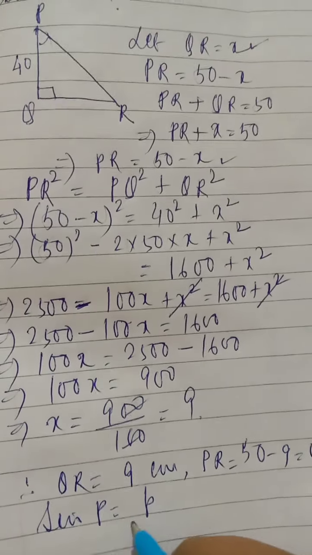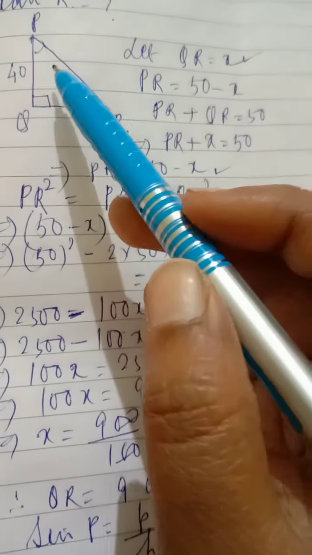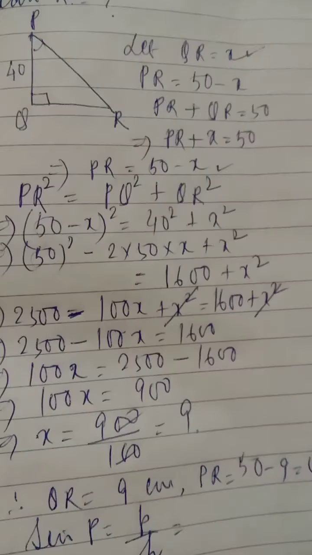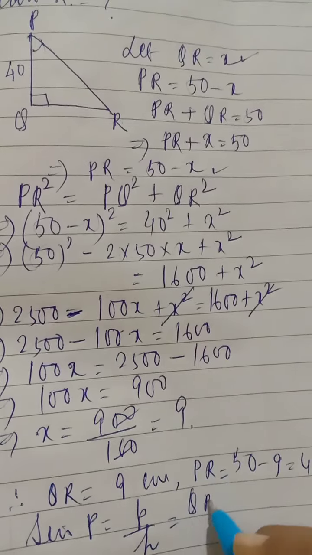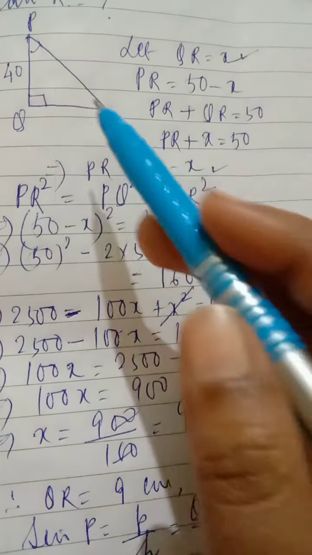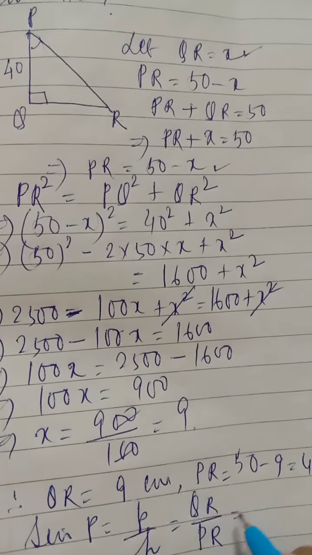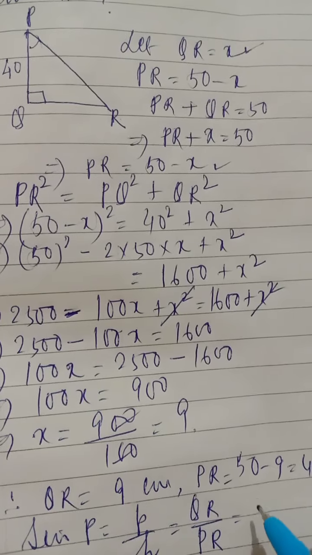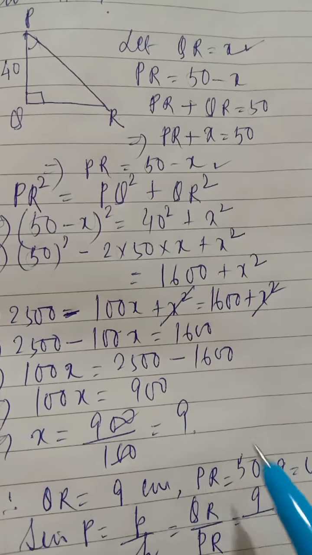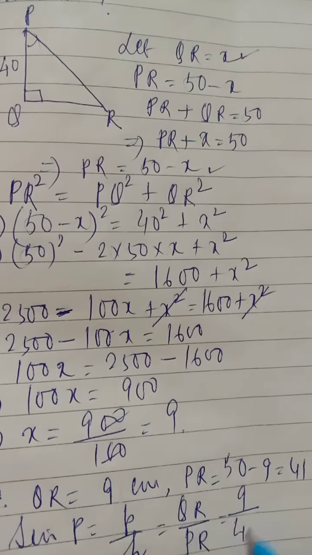For angle P, the perpendicular is QR, and the hypotenuse is obviously the longest side, PR. QR is 9 we got here, and PR is the longest side, we got it as 41. So the answer will be 9 by 41.